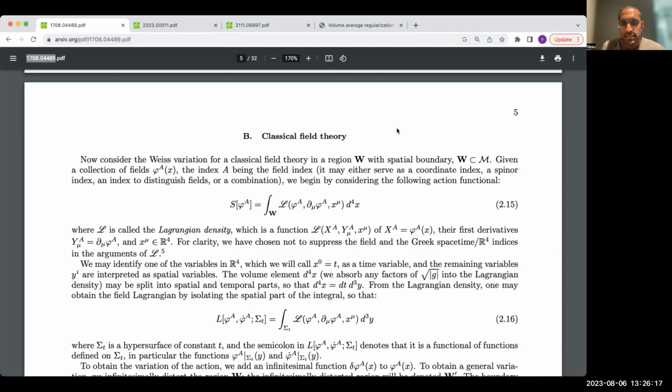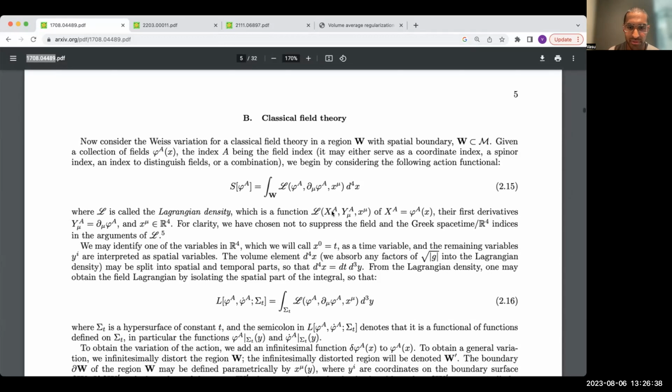So how does this carry over into field theory is the first natural question. And the answer is that in addition to considering the usual variation of the field, its derivatives, and so forth, we also take into account the coordinate field.